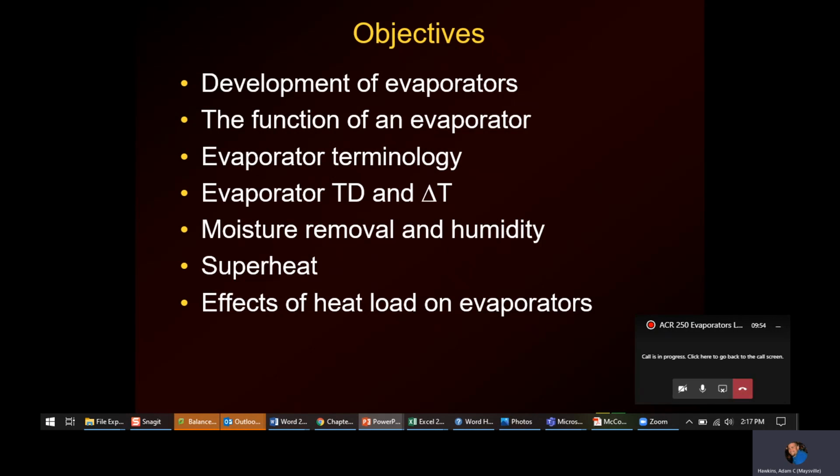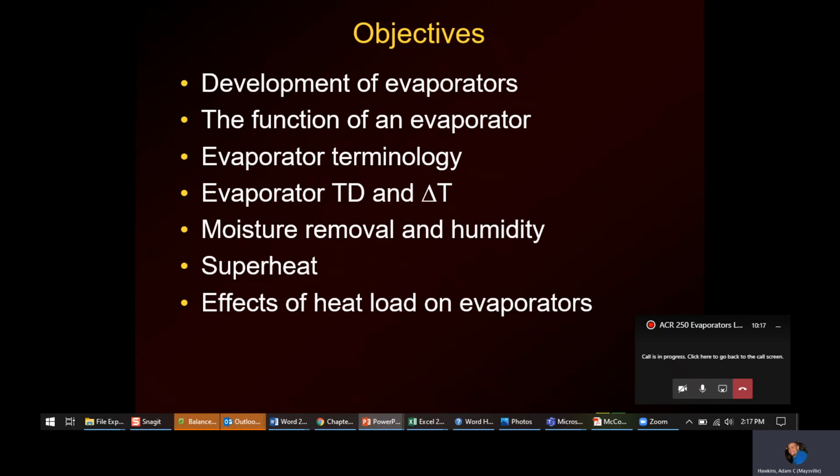So collecting heat. A few terms that hopefully you understand: TD and delta T. Hopefully you understand the difference in those. TD is, and I get these confused myself sometimes, how much colder your saturation point is than the medium around it. So if it's air, how much colder is it than the indoor air?